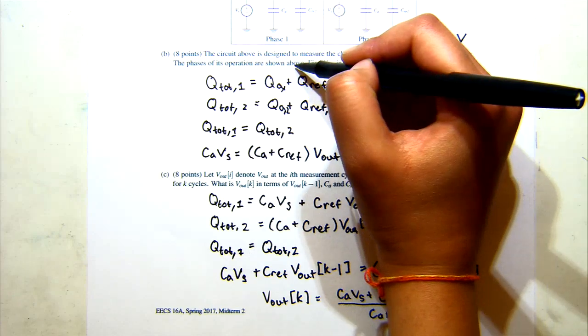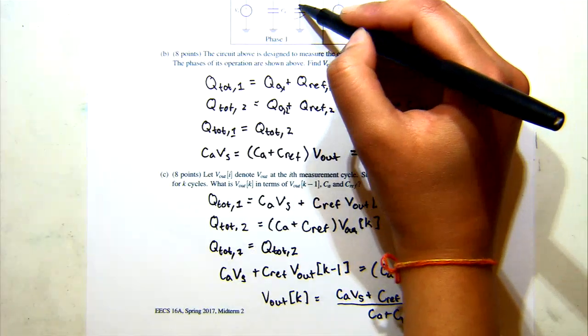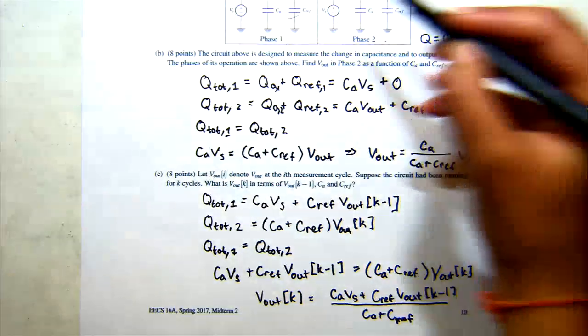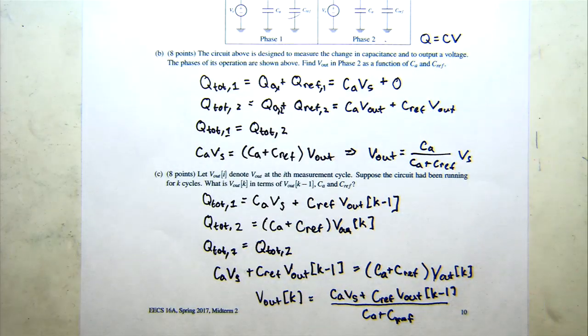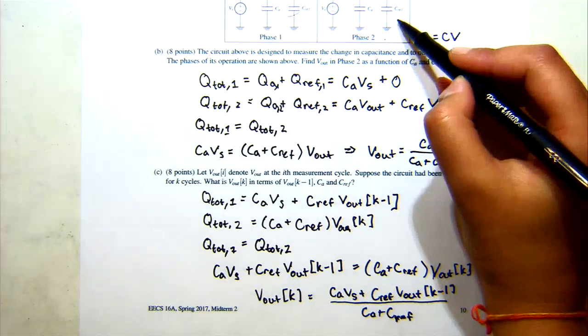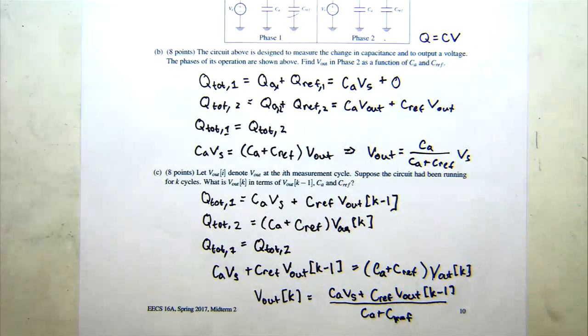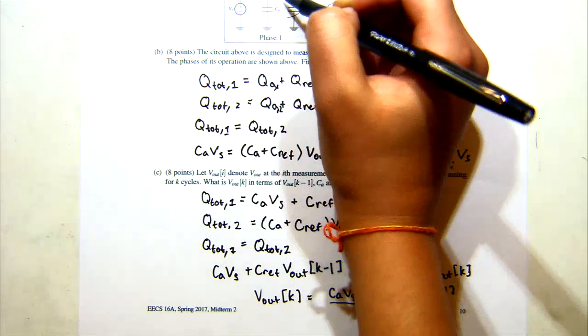That's kind of maintained before. We still have that same charge that was on C ref, which we know from the previous cycle would be C ref times V out k minus 1, and that's going to remain on this plate regardless of the fact that this one's being closed and this one's being open.